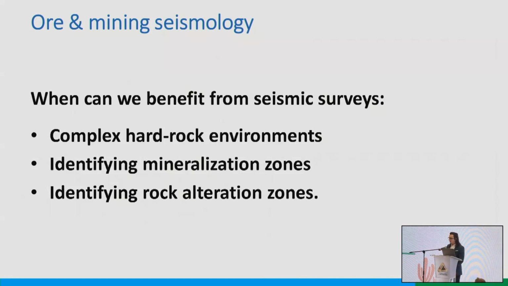Another case is rock alteration zones, which by definition outline the change of mineralogy of a rock as a result of some variation in depositional properties, which makes these zones identifiable by seismic exploration. But to apply seismic surveys effectively in all of these cases, we need to use modeling first. Most cases will be unique and require a customized methodology, which is what modeling can help us with.